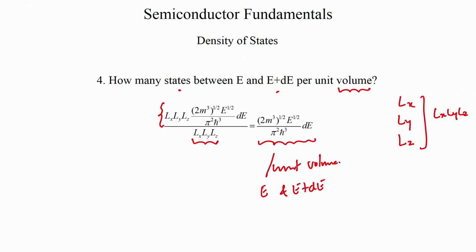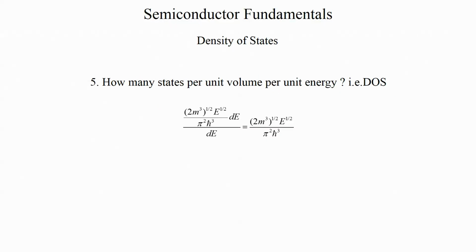Now in order to get the density of states, I need to know the number of states per unit volume per unit energy. So I also need to get a per unit energy term. And how do I do that? You simply divide it by dE.